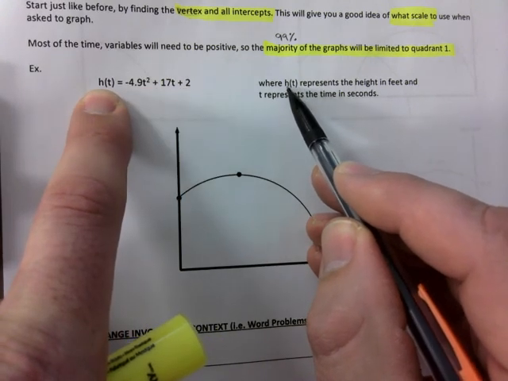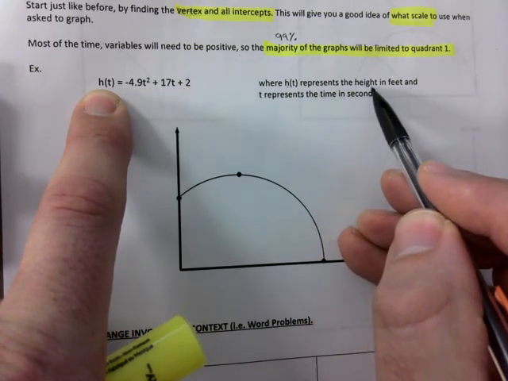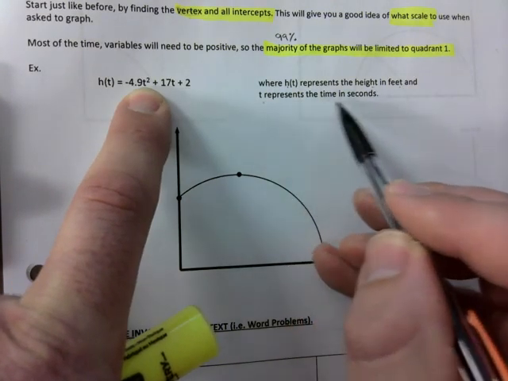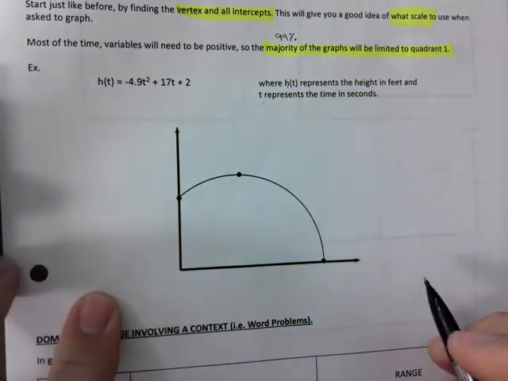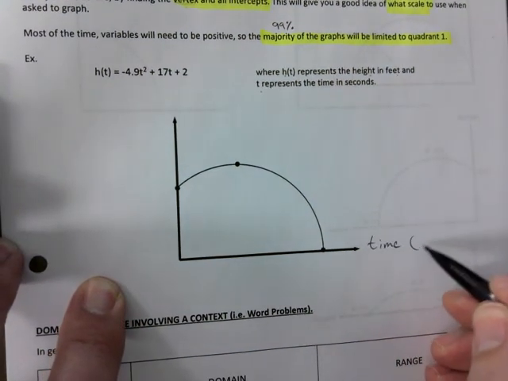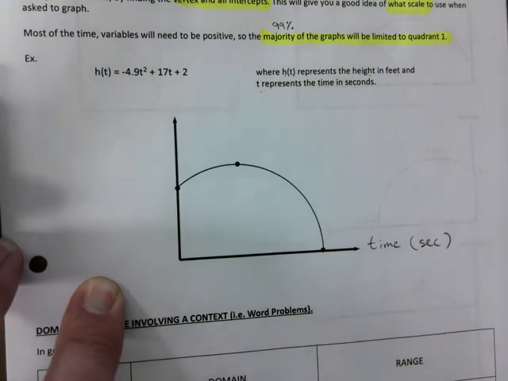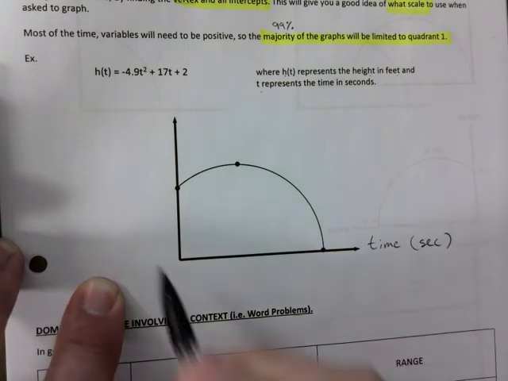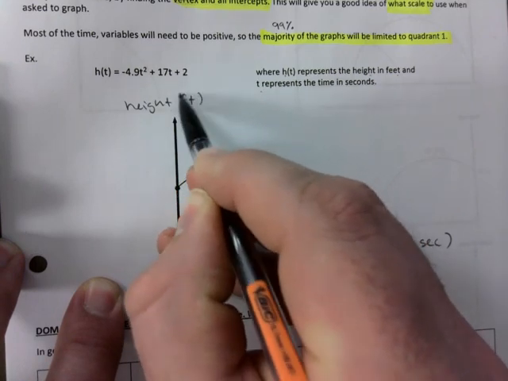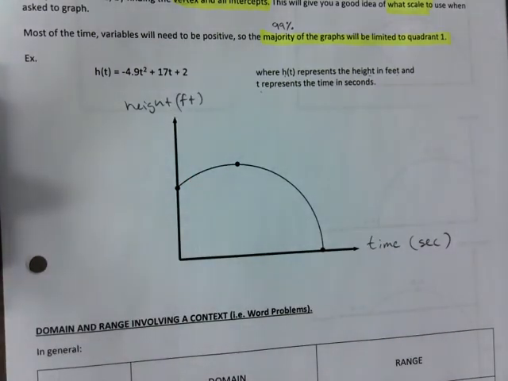So height in terms of time represents the height in feet, and t in this case represents the time in seconds. When you graph that, you need to make sure you transfer that information over. I would say that's the first thing you do, and you've seen me graph, so you know what I'm talking about. Time in seconds, height in feet. You don't need to have a title for your graphs. In this course, you don't need to worry about that.